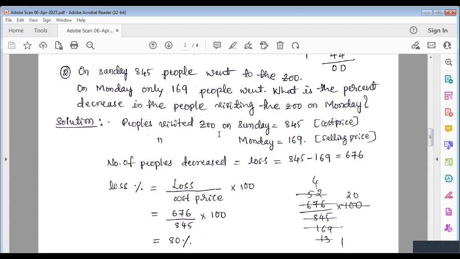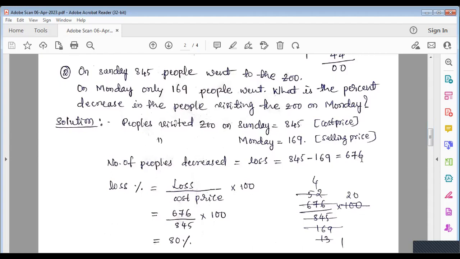So people who visited the zoo on Sunday is 845, and you can treat this as the cost price. And people who visited the zoo on Monday is 169, and you can treat this as the selling price. And the number of people decreased, that you have to take as the loss, and that is equal to 845 minus 169. So 845 minus 169 gives 676.